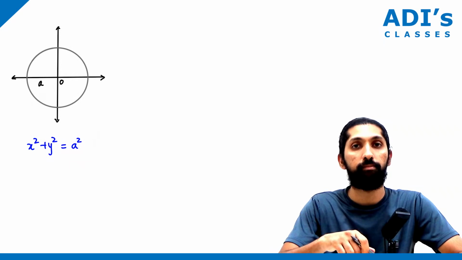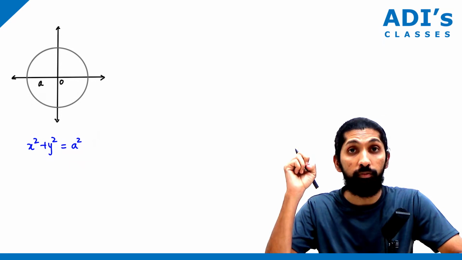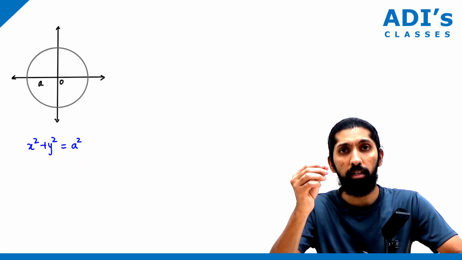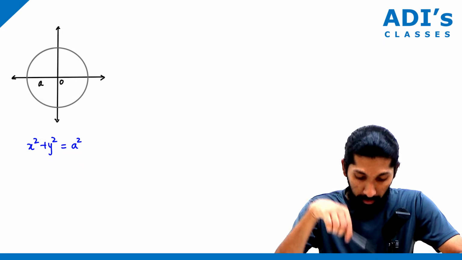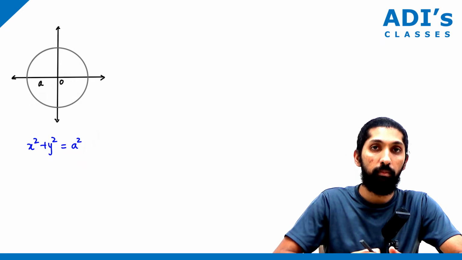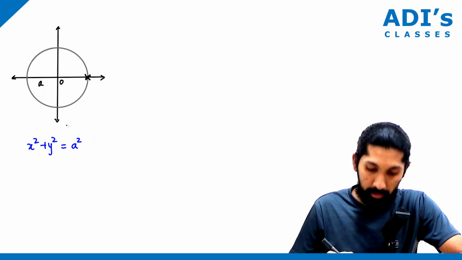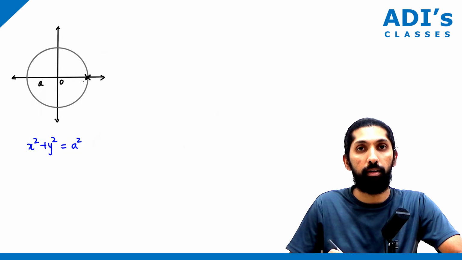Now, how do we find the area of the curve? This is the question. For a circle, you start from a point on the x-axis and move all the way around until you come back to the same point.